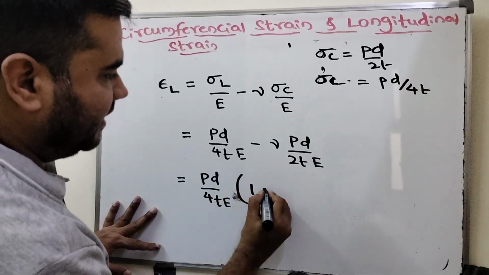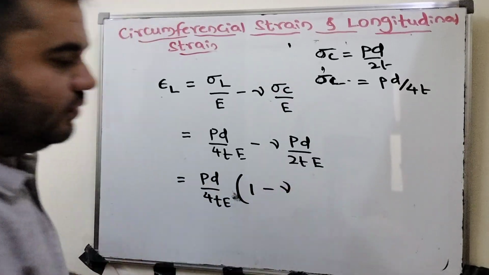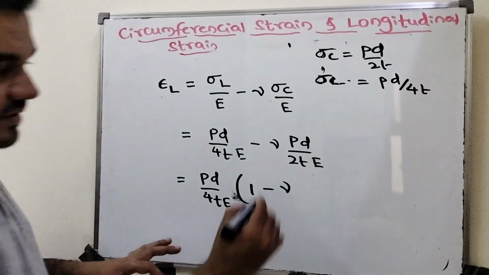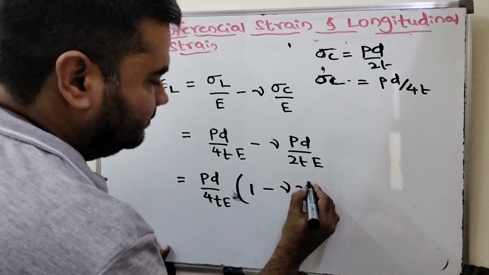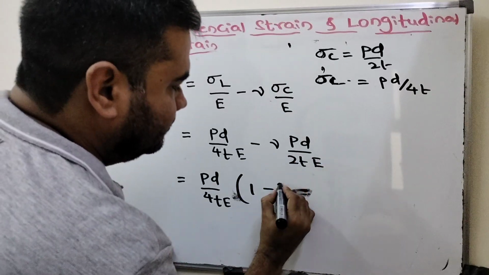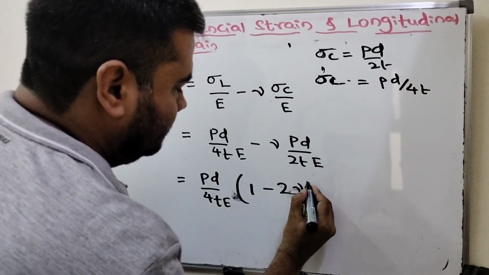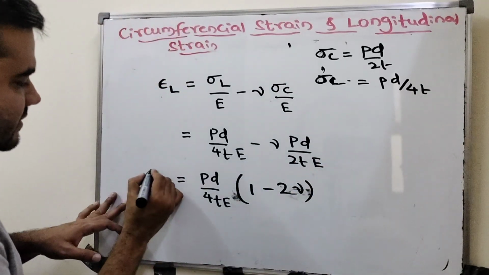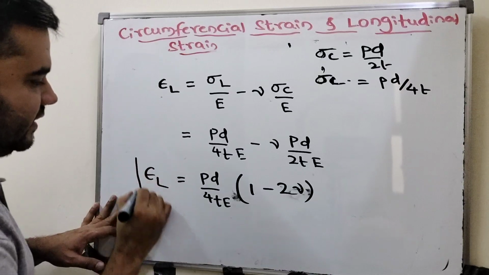How much will you get? 1 minus nu into 2, that is 2 nu. This is the longitudinal strain.